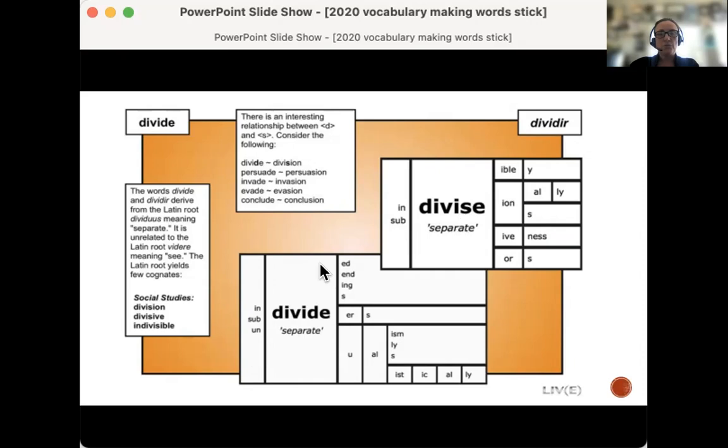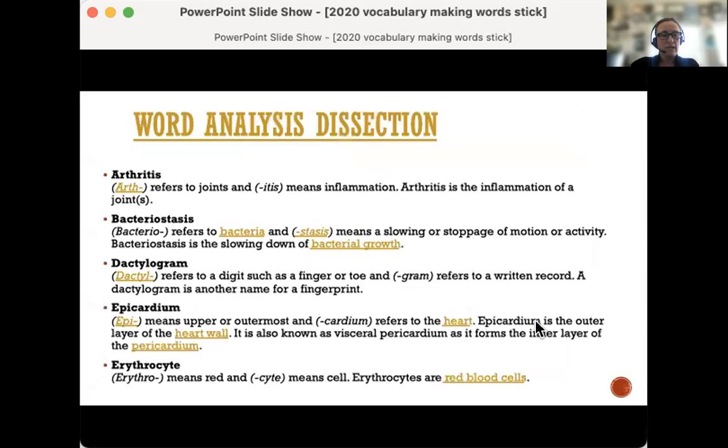So it's super interesting: did we know that individual is connected to the concept of indivisibility or dividing? If we think about it, individual is related to divide. That kind of thing is what I'm really suggesting: understanding the core base of the words and then relating it to words that we know, and then these words get a lot easier for us to understand.